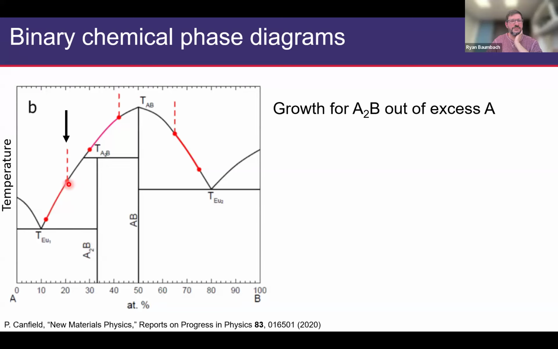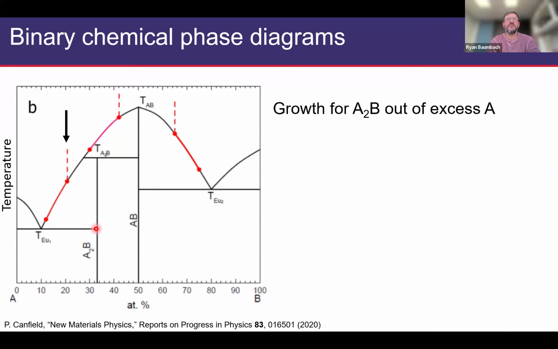As it forms, it'll deplete the melt of B, and we'll move more and more towards an A-rich melt. As a result, you can just follow this line down to some point. And as you do this, crystals of A2B will form in the melt.